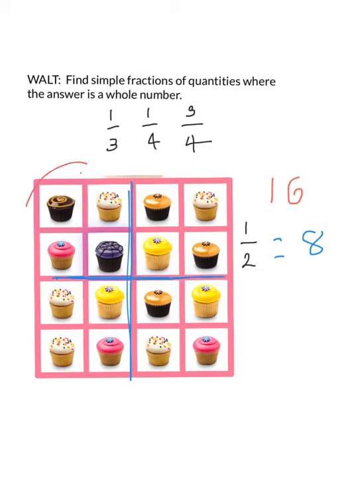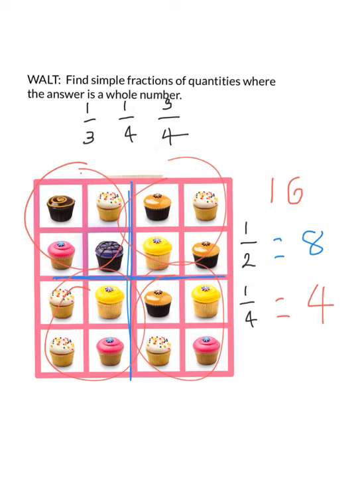I'm going to quickly circle them: 1, 2, 3, and 4. All 4 of them are equal, with the same amount of cupcakes in each. The job of you is to find out 1/4 of 16, and you can see very clearly that in each quarter there are 4.